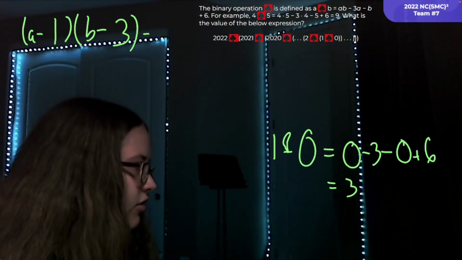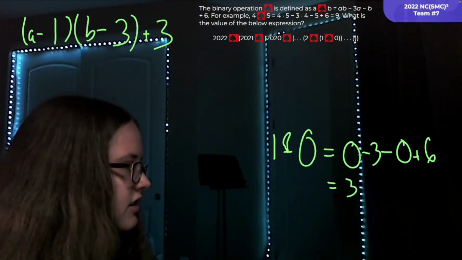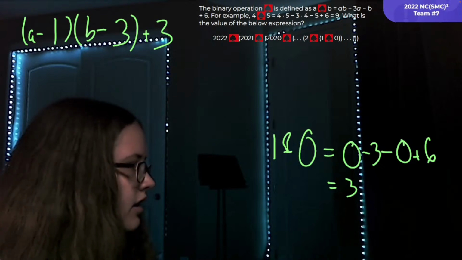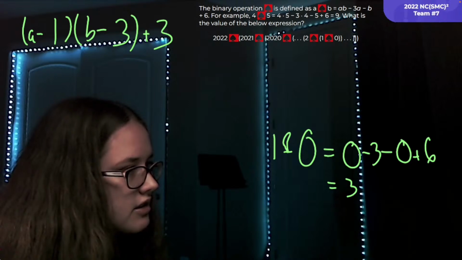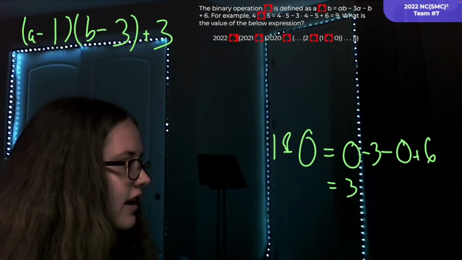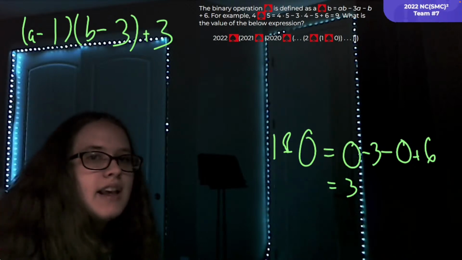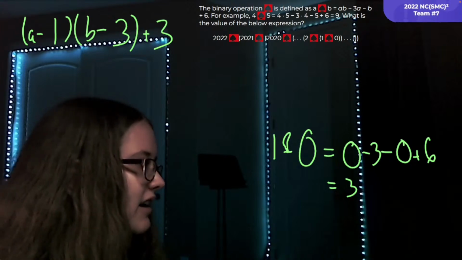Then we need to add 3 to the end of this. But then notably, we immediately nest that back in as the new b, and we have b minus 3.